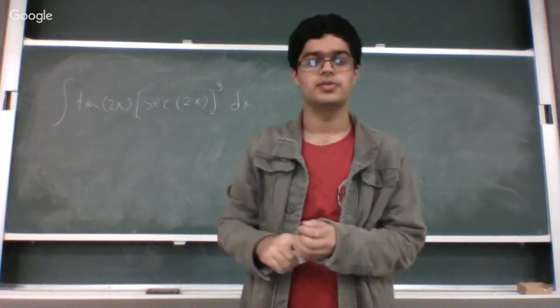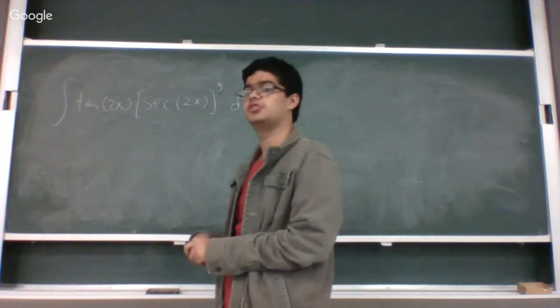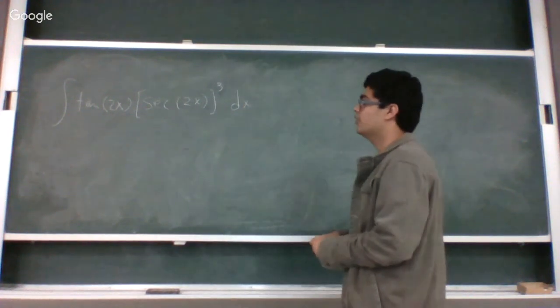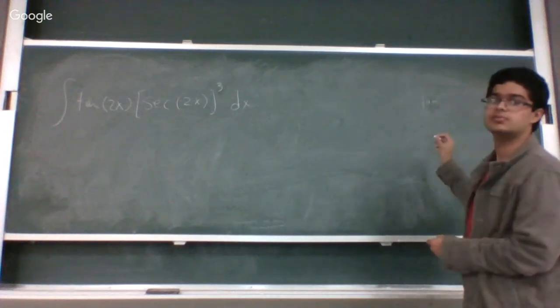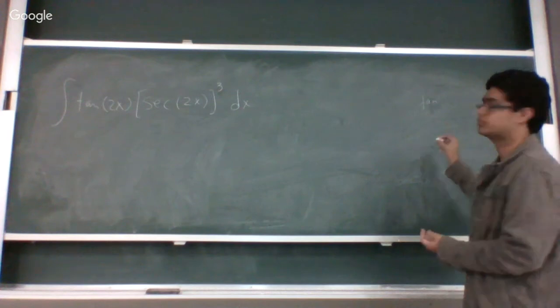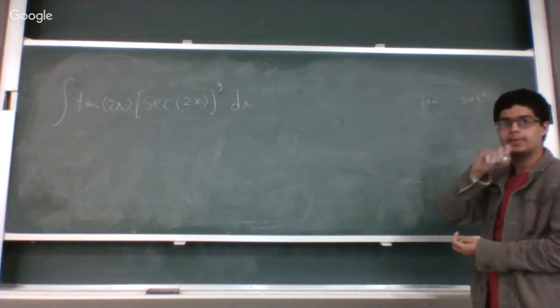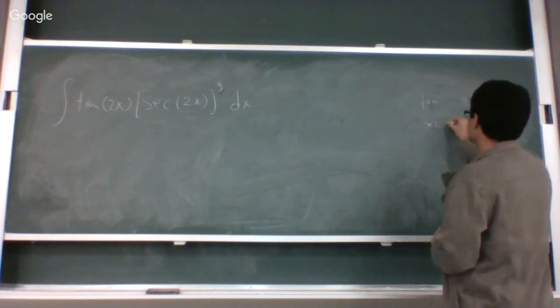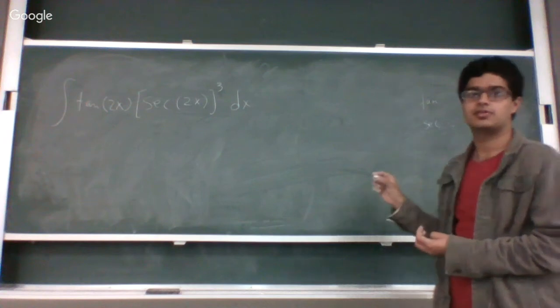When you get a problem like this, you should have in mind what's the derivative of tangent? Secant squared. And the derivative of secant is tangent times secant.